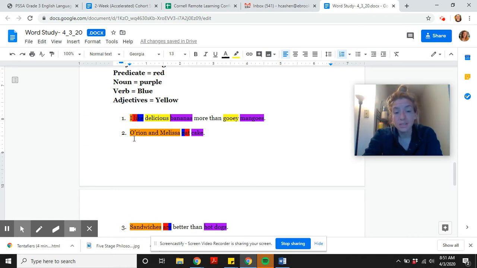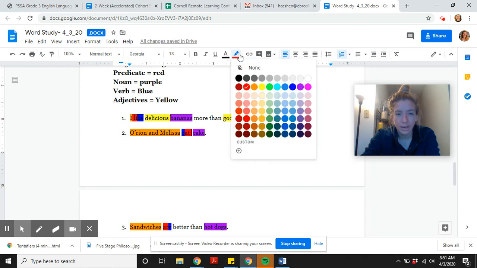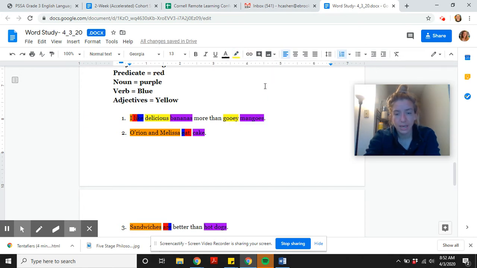All right, Orion and Melissa eat cake. How can I add an adjective to modify or describe one of those nouns? Orion and Melissa eat cake. How can I describe the cake or Orion and Melissa? Well, I think I want to describe the cake.